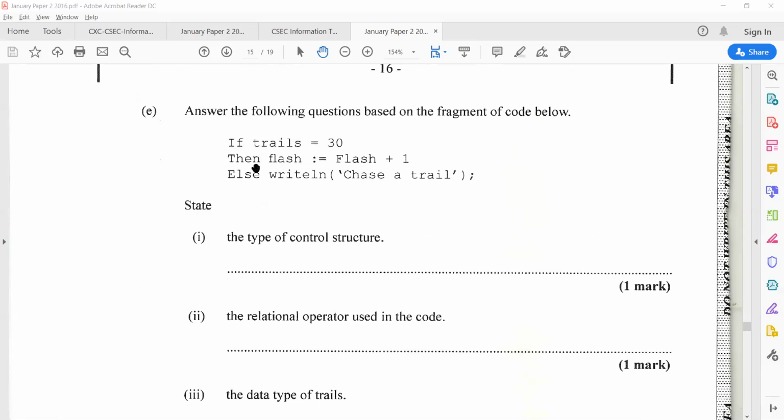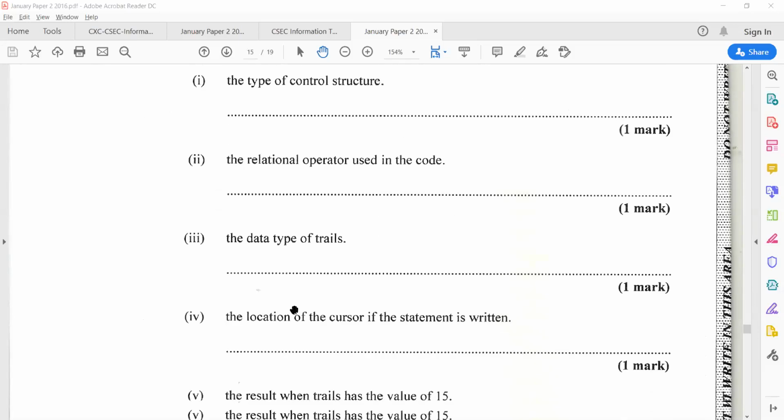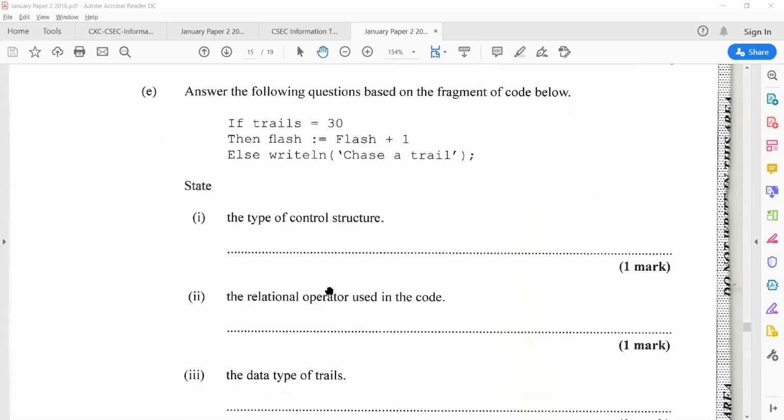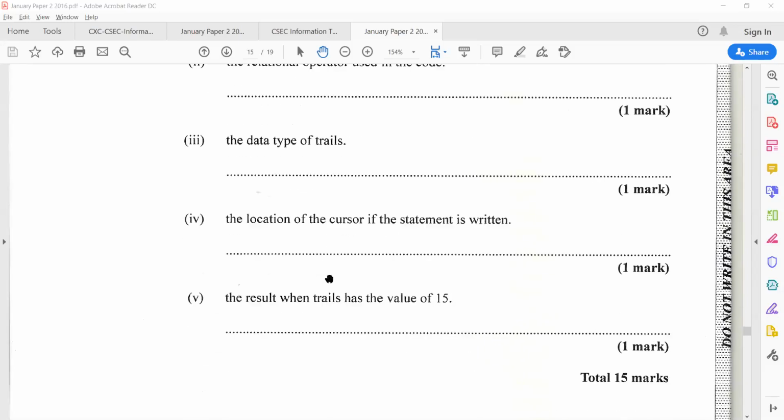No. So it's going to skip this and it's going to write line chase a trail. So the result will be the text chase a trail will be printed. Now what I want to point out about this question is that it was Pascal specific code, and maybe parts 3 and 4 are specific to Pascal, but you could be given a question in which this is an algorithm and you have to answer the question, right? So that's why I did this.